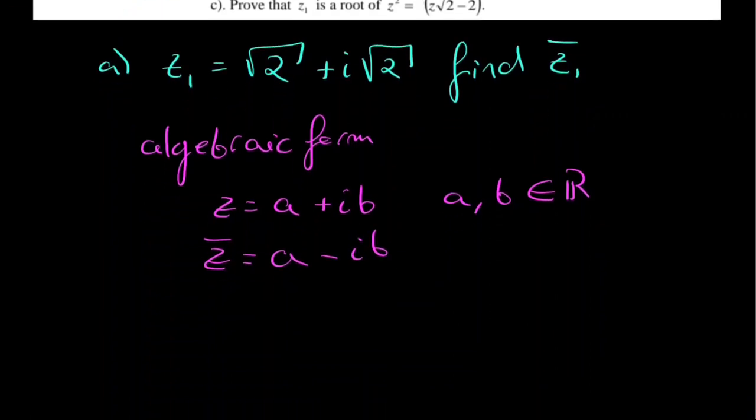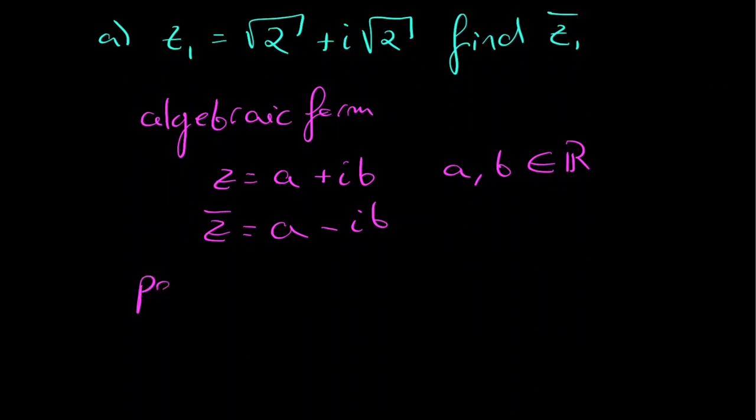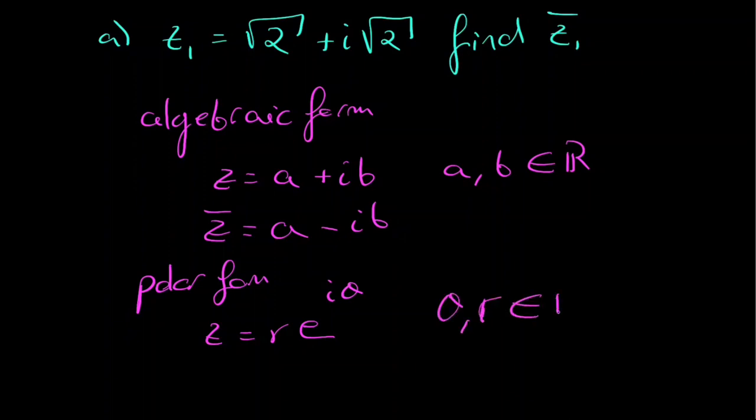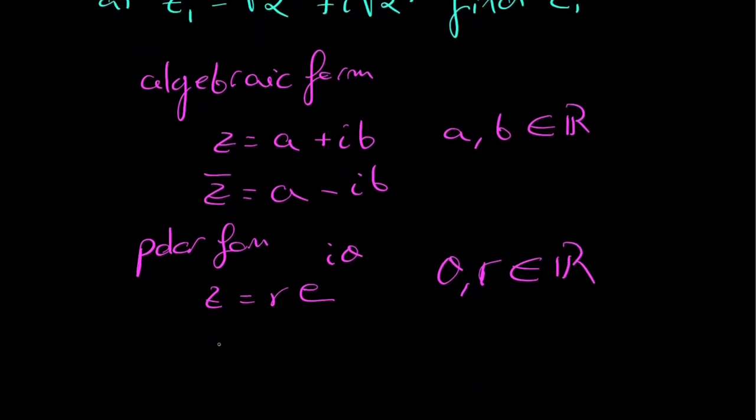If it's written in polar form, z is equal to r times e to the i theta power, with theta and r integers. Its conjugate would be z conjugate is equal to r exponential of minus i theta.